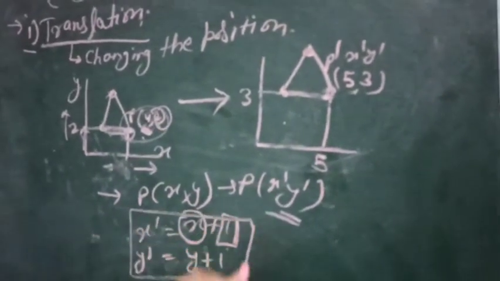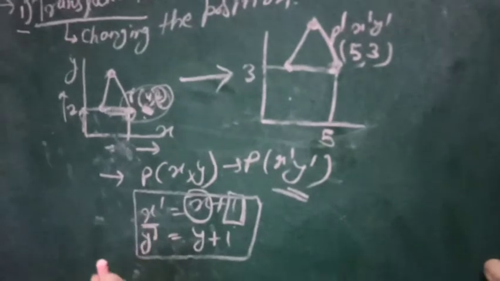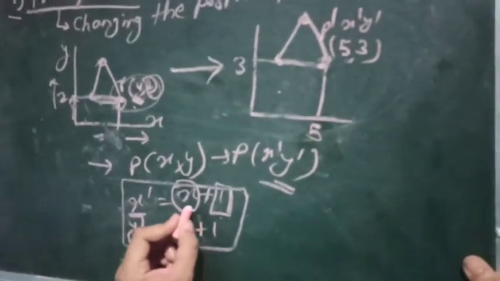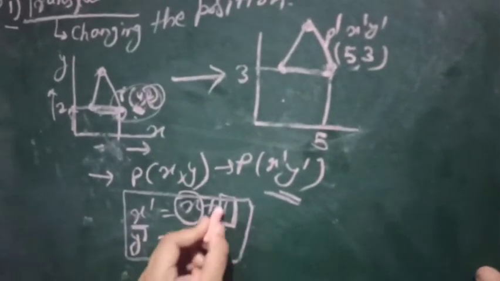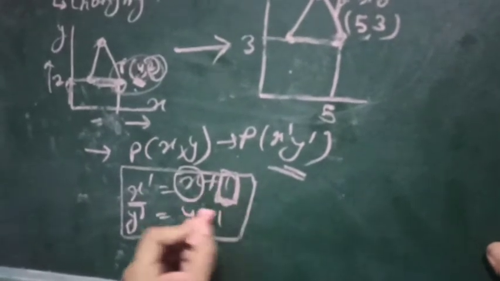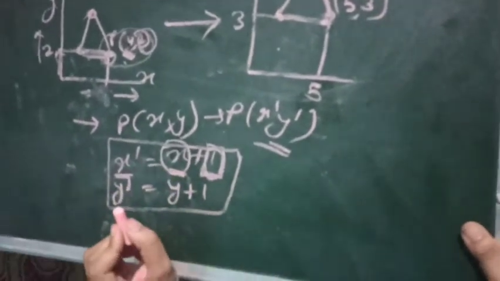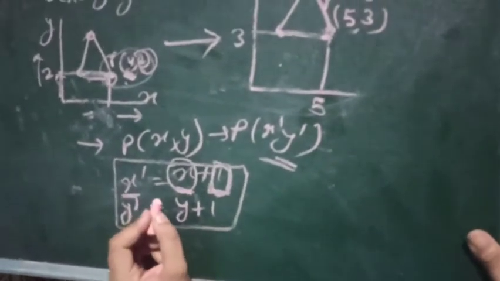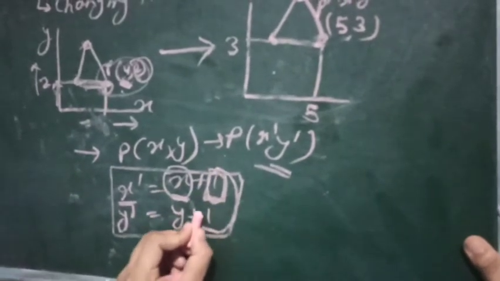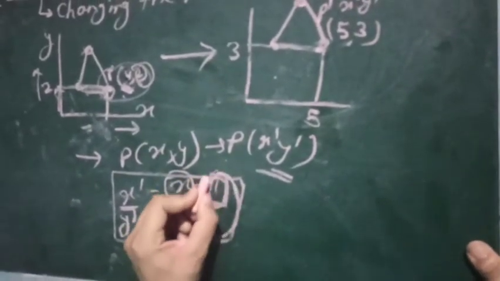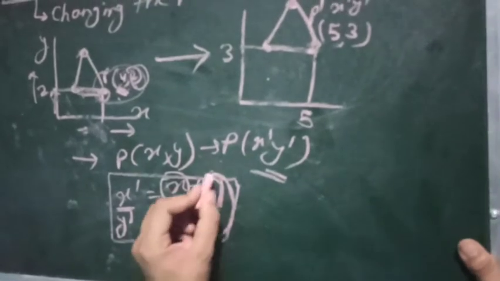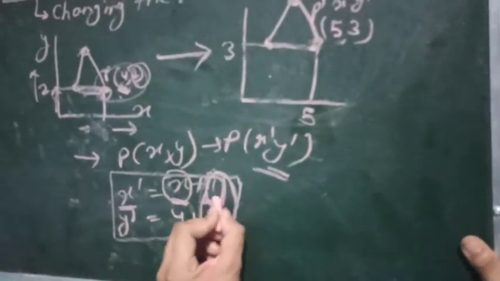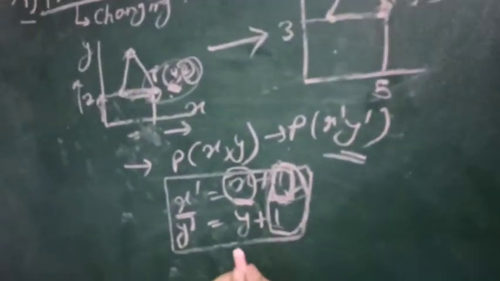Here we can say that we get x dash by addition of some quantity to all coordinate points x. It is the translation. These are the translation vectors, or we can say translation quantities.